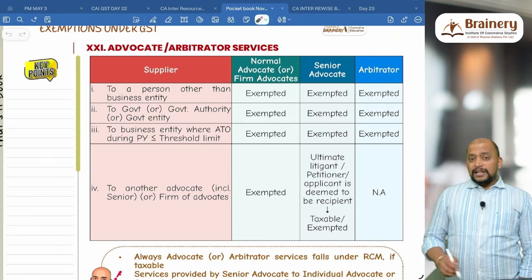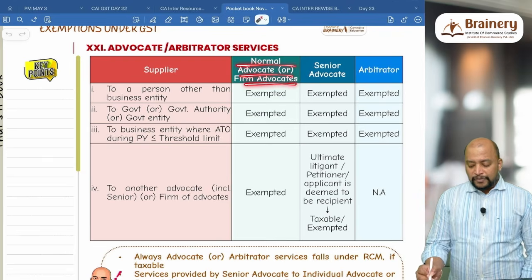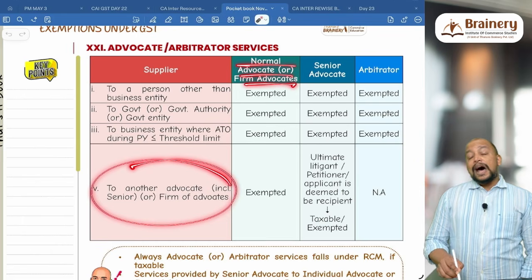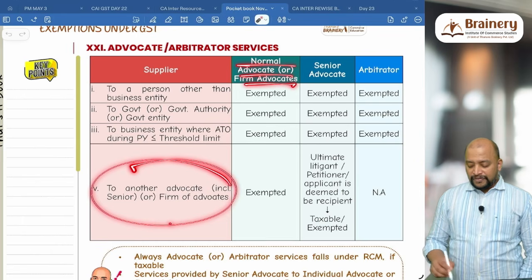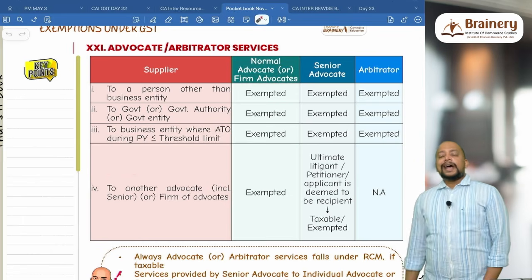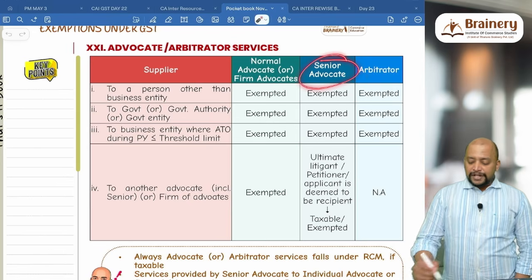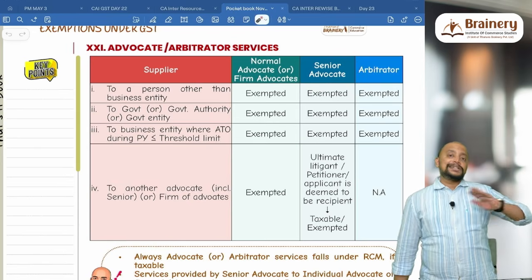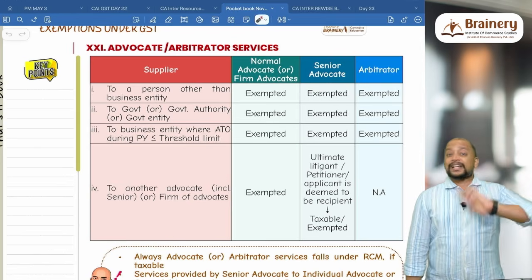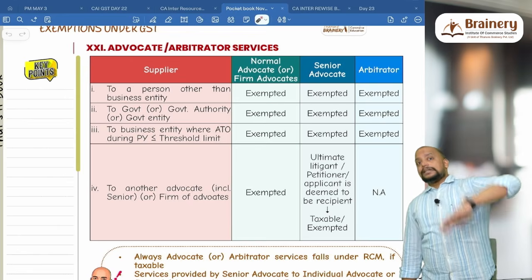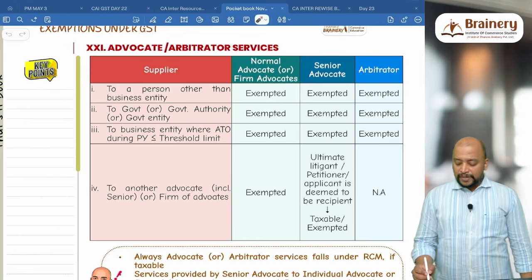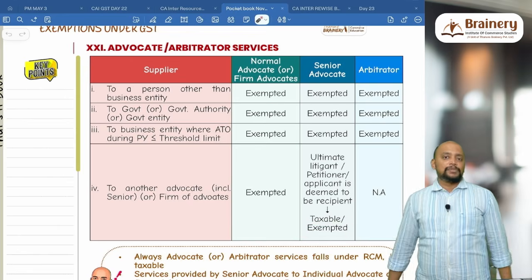And here, if normal advocate or firm of advocate provides services to another advocate, including senior advocate or firm of advocate, it is exempted. And senior advocate, if they provide service to another advocate, don't see that another advocate or firm of advocate as the recipient, see the ultimate litigant, applicant or petitioner as the recipient, and accordingly we need to determine taxable or exempted.